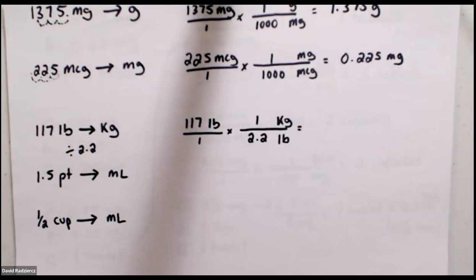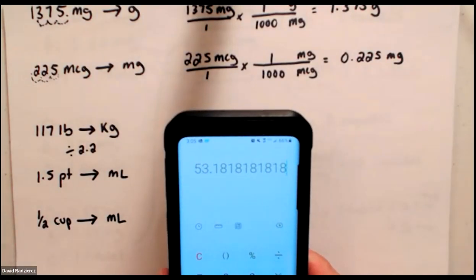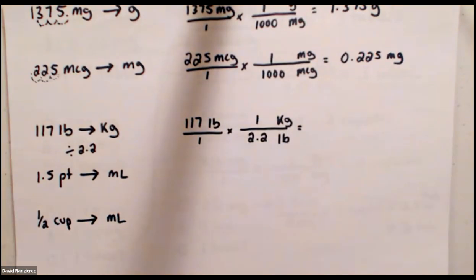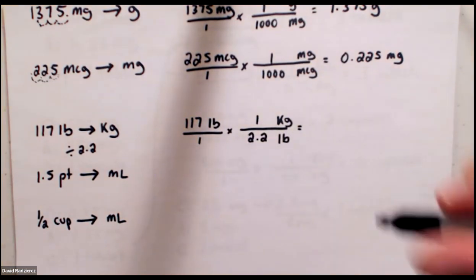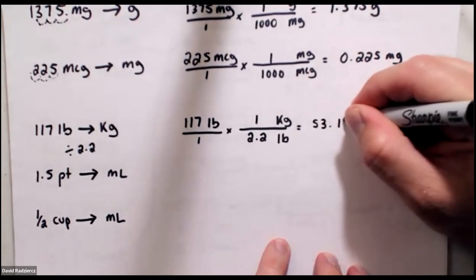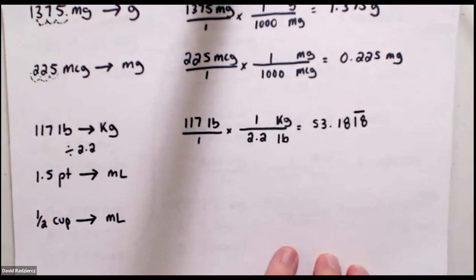Let me put that on my calculator. What I get is 53.18181818. It just keeps repeating. So I'm going to represent that as 1818, and that it just keeps repeating.